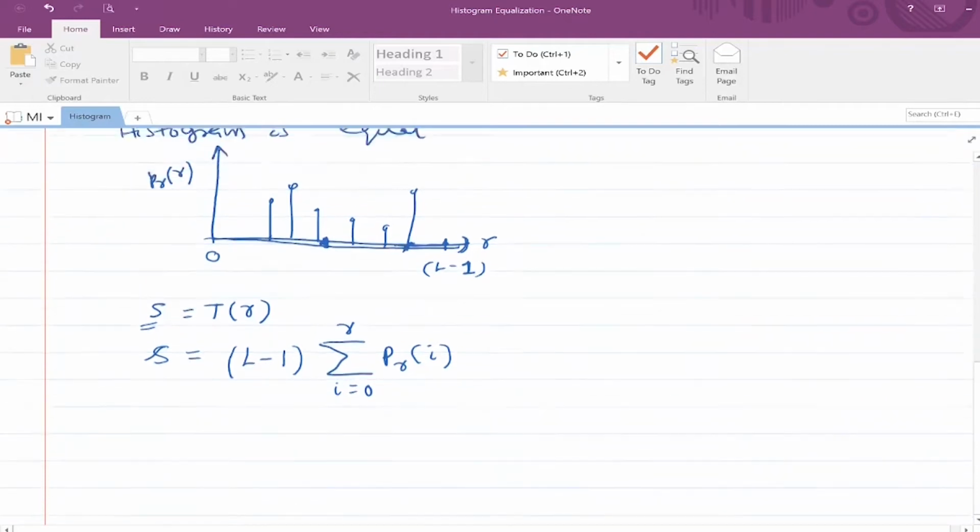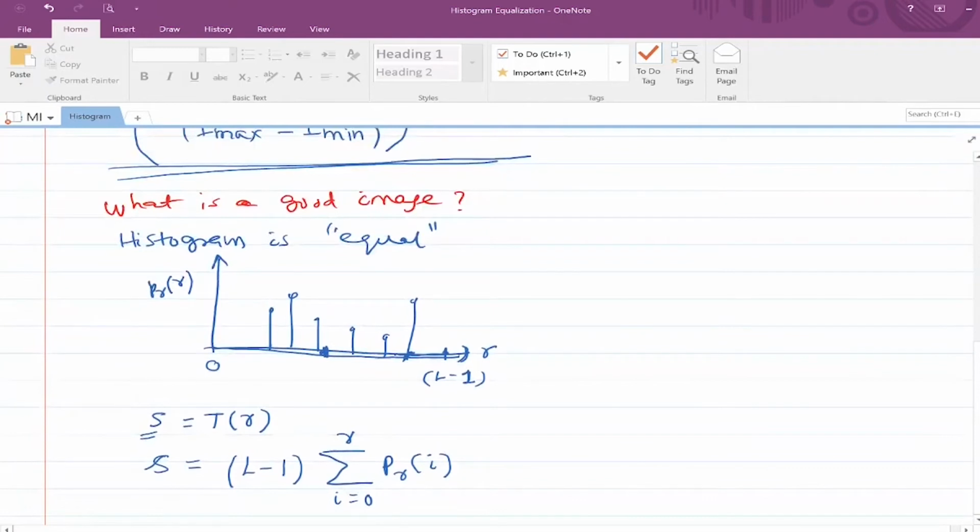Hope this idea of histogram equalization is clear to you. I summarize again. The assumption is that when you have a good image, the histogram values would be more or less the same for each intensity value.